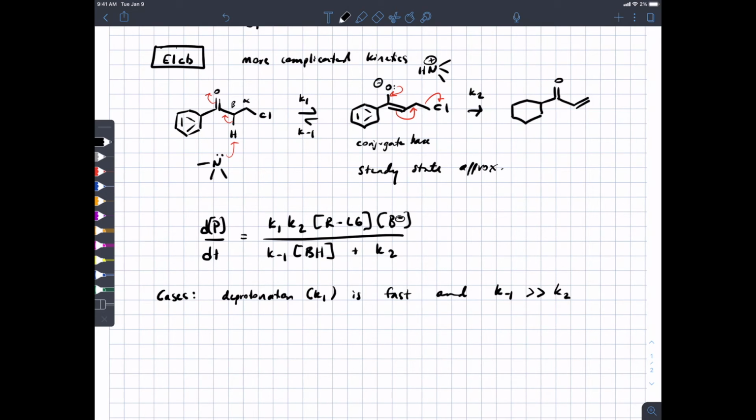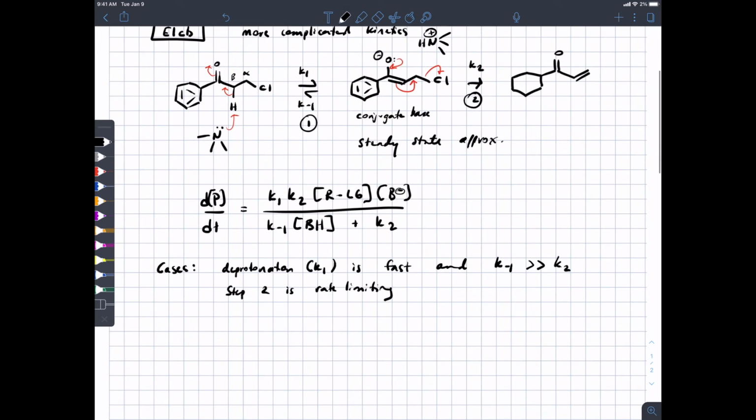In other words, if we call this step 1 and step 2, step 2 is rate limiting. All right, how does that change things?